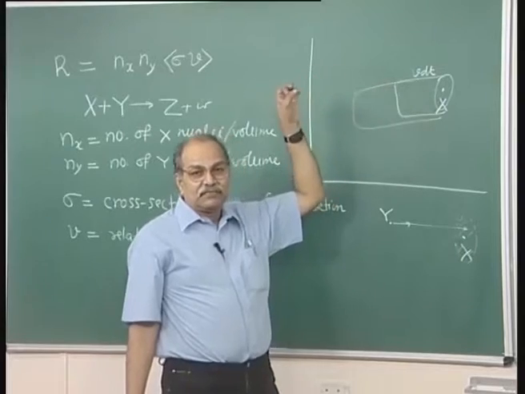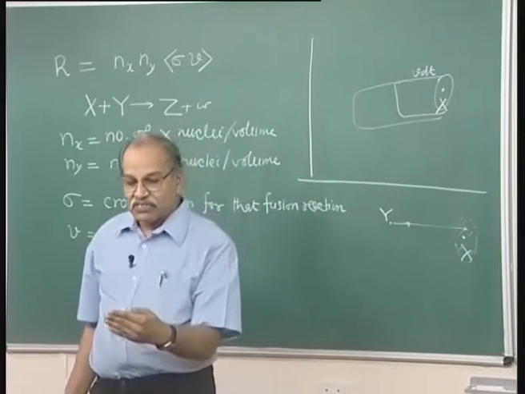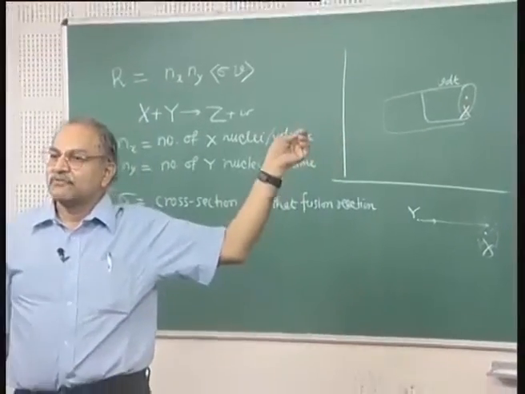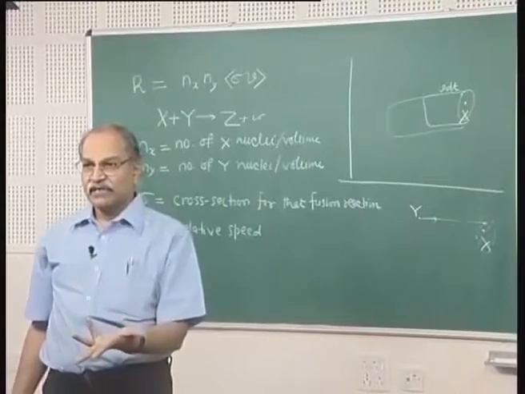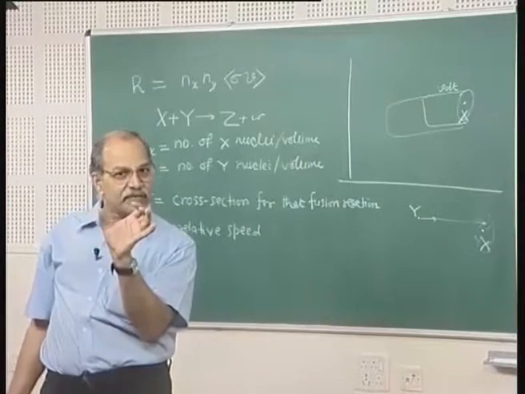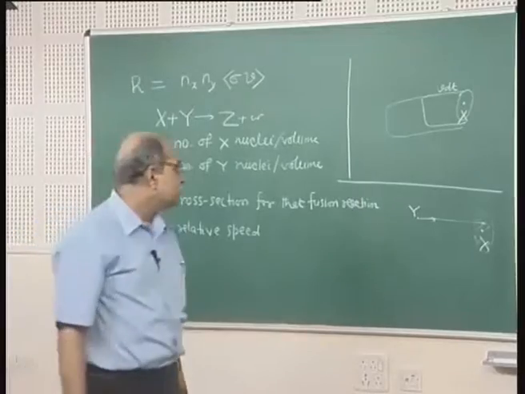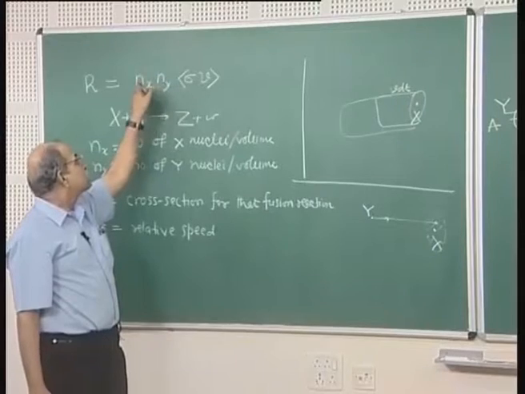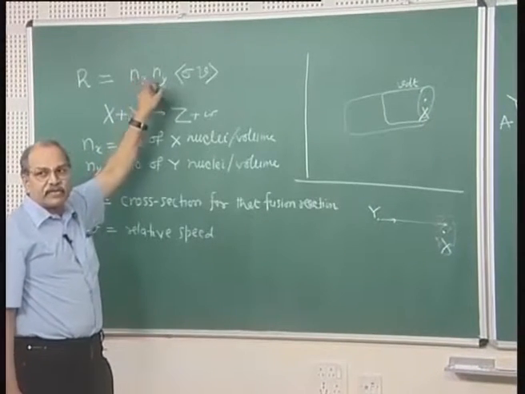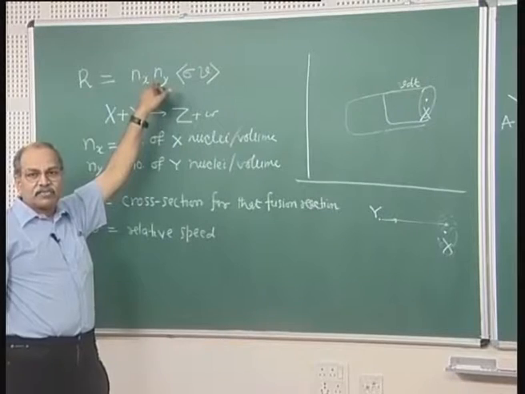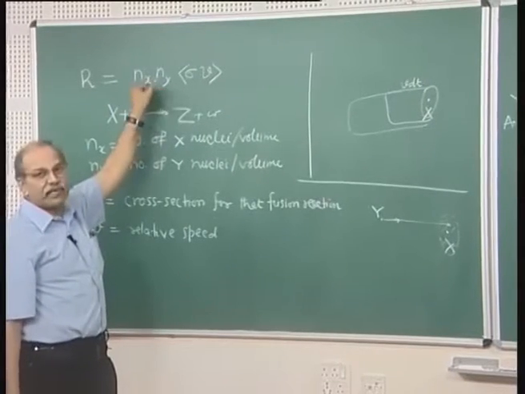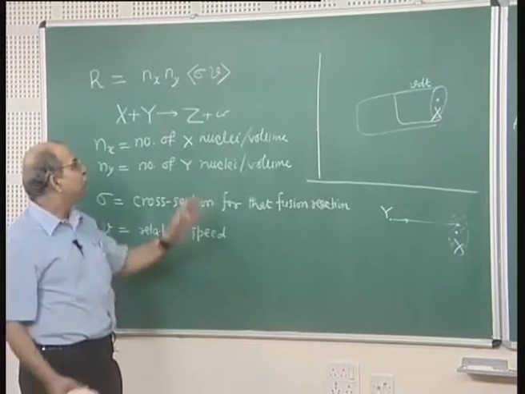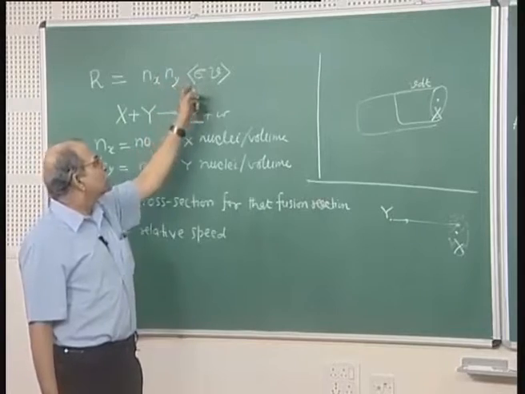So the probability that in the next dt there will be a fusion with this X is again proportional to this V, and of course proportional to sigma, and therefore it is sigma into V that comes into the picture. That is how this sigma V comes here, and of course it has to be proportional to the concentrations of X nuclei and Y nuclei. In fact, this gives you the number of pairs of X Y which can fuse per unit volume. So it is this. Now, what is this average business?